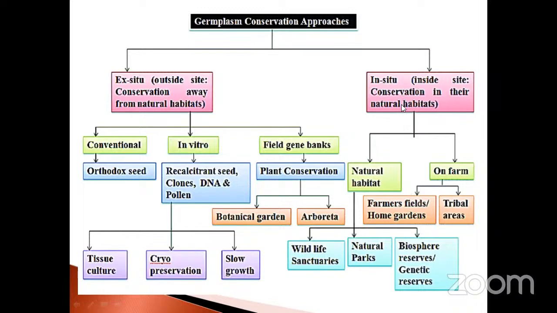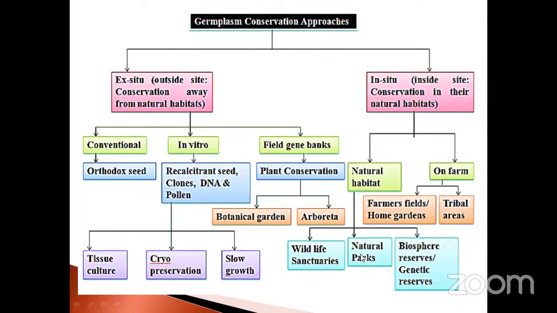The in situ also has 2 things. One is called natural habitat, another one is called on-farm. Sorry, natural habitat means wildlife sanctuaries, national parks, biosphere reserves, genetic reserves. These are all naturally present. Wildlife sanctuaries: Mudumalai, Periyar, Corbett, Simla, Kanha. So many national parks are also there.